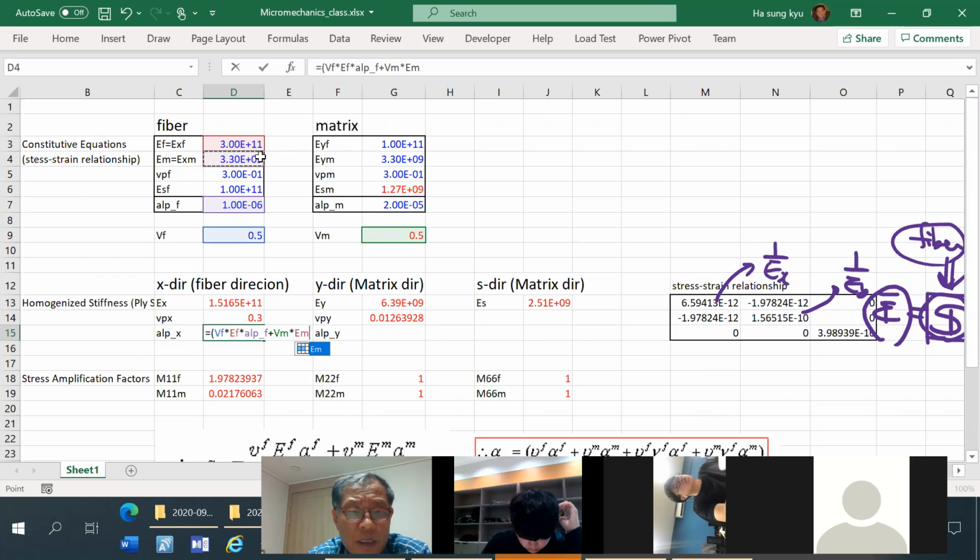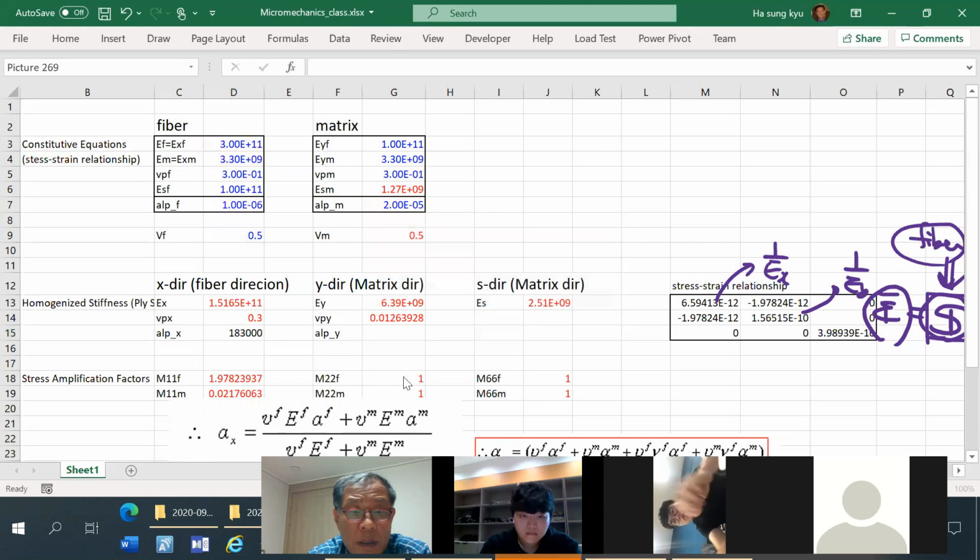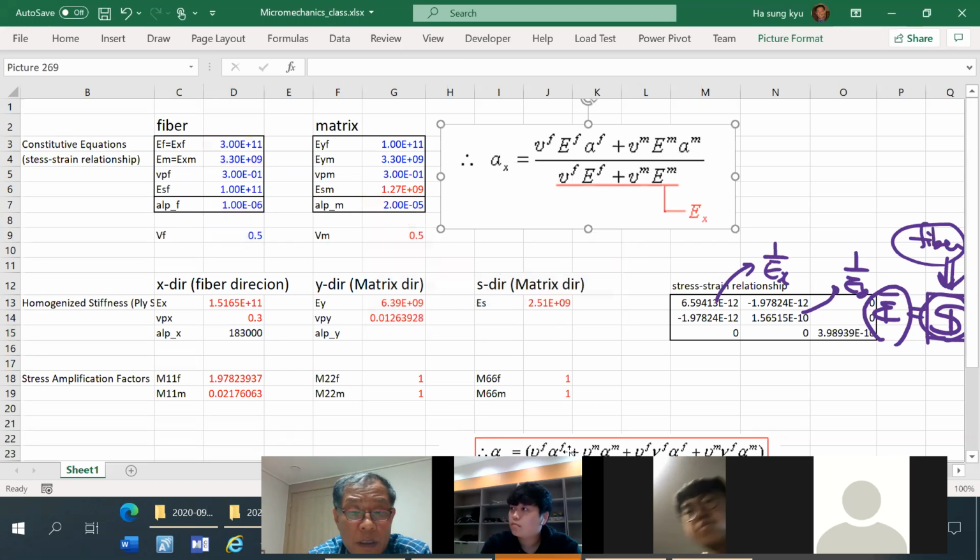I need to change it a little bit here. I made a mistake, but I will do it later. And times alpha M, divided by, I need to look at this equation.